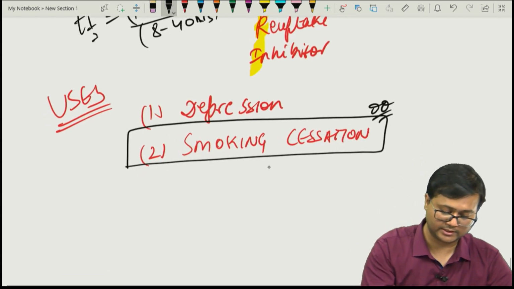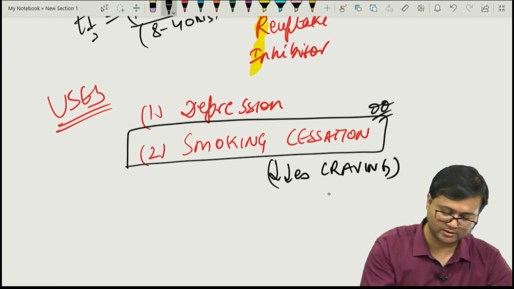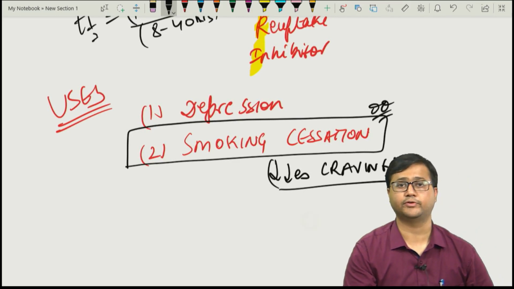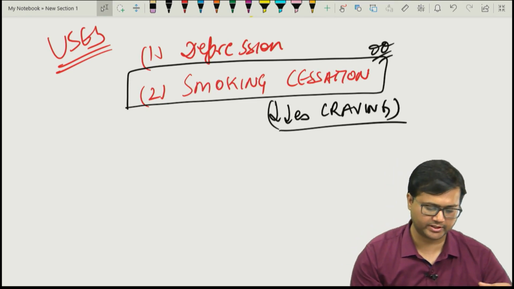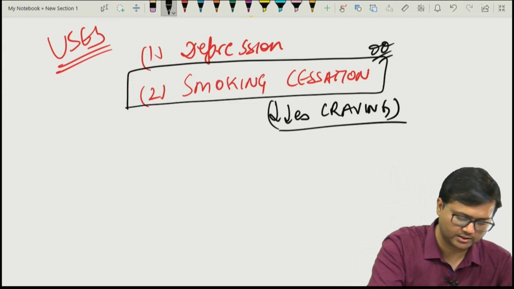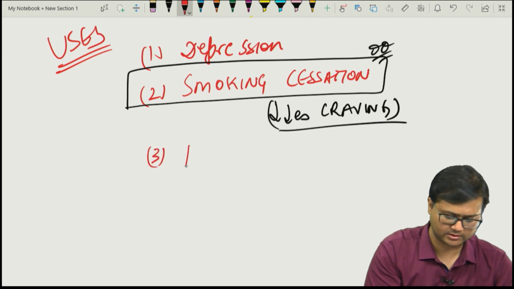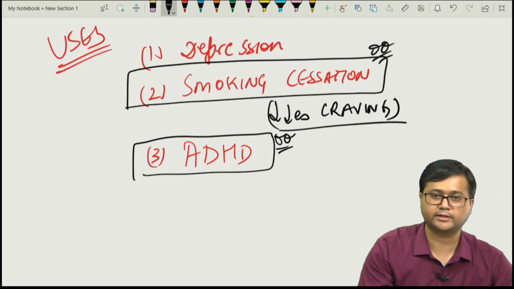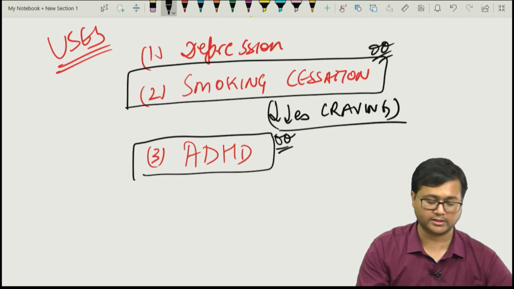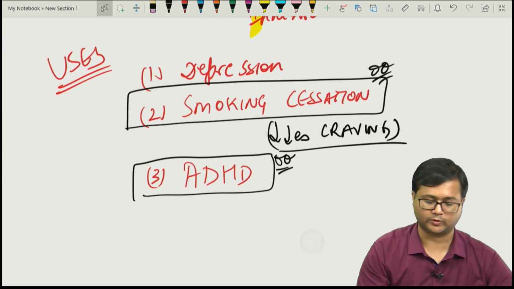It generally decreases craving in smoking. So it is very important to remember that Bupropion is an antidepressant which is used as an anti-craving agent for cessation of smoking. Then another use, although it's an off-label use, is in ADHD, again very important. If a question asks for an antidepressant which may be used in ADHD, then Bupropion. Now these are some of the uses of Bupropion.